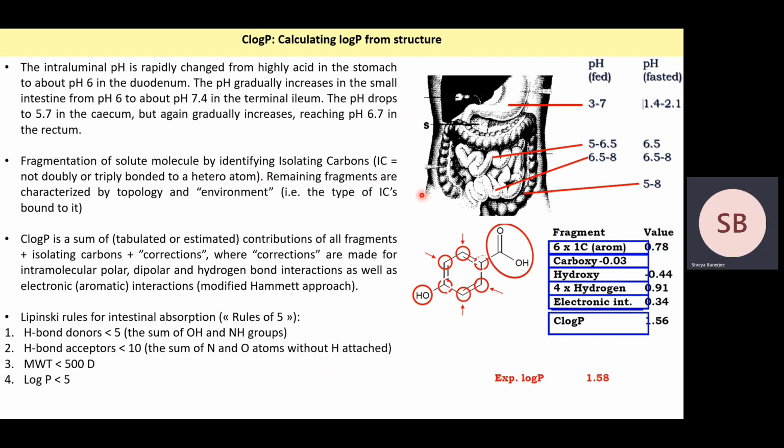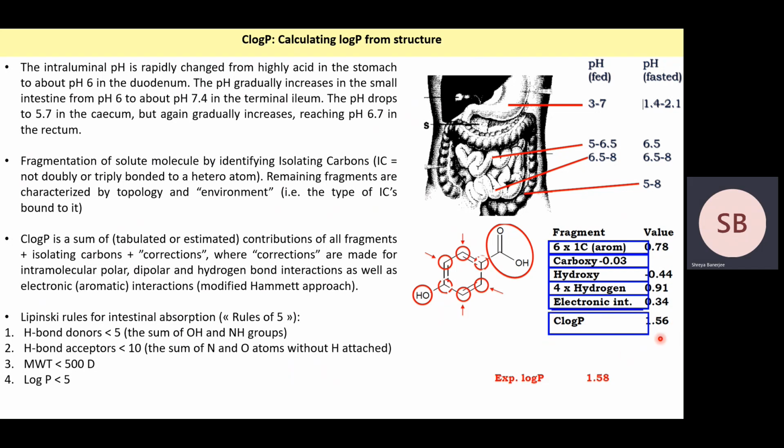The remaining fragments are characterized by topology and environment. So for carboxy carbon, there is only one. Hydroxyl carbon, there are 2 carbons which are directly bound to a hydroxyl. So like that, there are different contributions by different fragments, and clog P is a sum of all the contributions by the fragments plus the isolating carbons plus corrections made due to intramolecular, polar, dipolar, and hydrogen bond or electrostatic interactions.